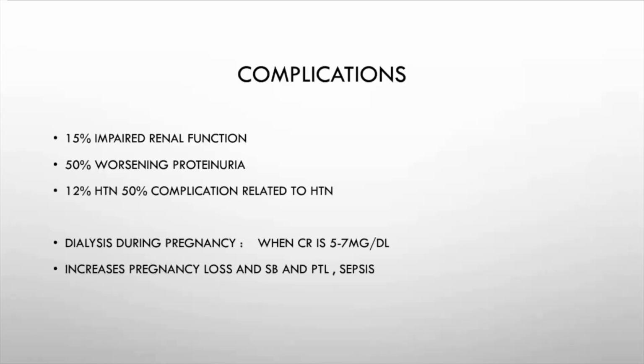Yes, ma'am. Okay. Then that means 50% will have worsening of proteinuria. This also will be a complication of chronic renal disease. And then 12% will have hypertension, and 50% will have complications related to hypertension.